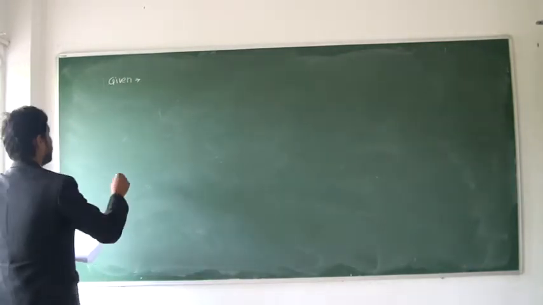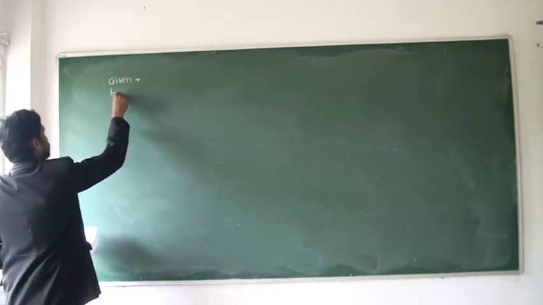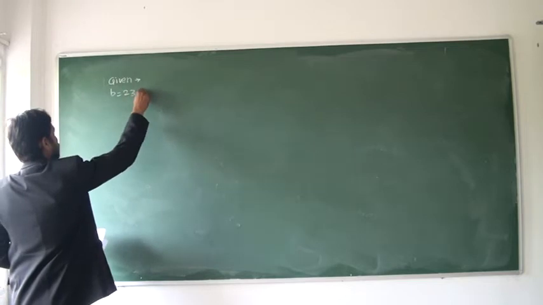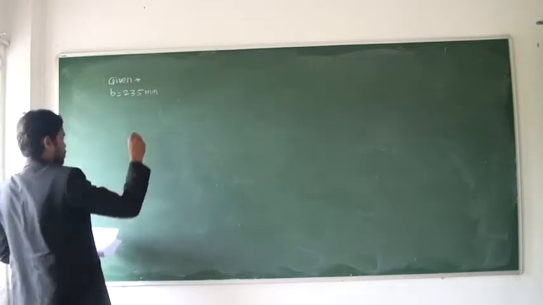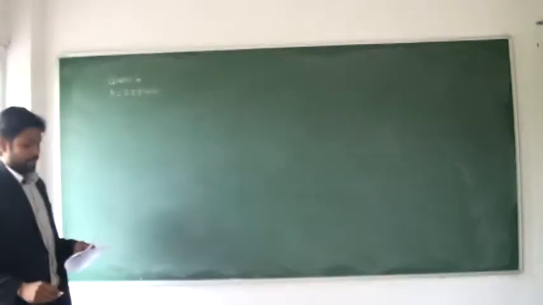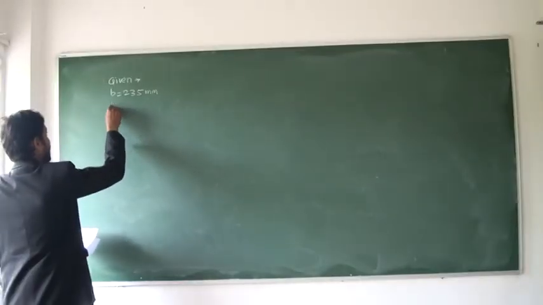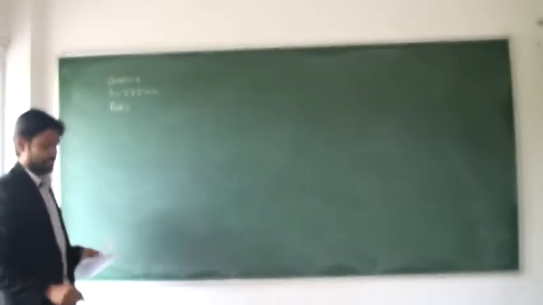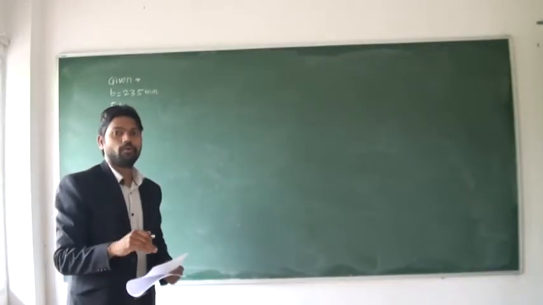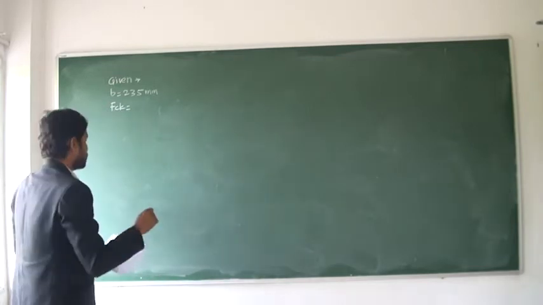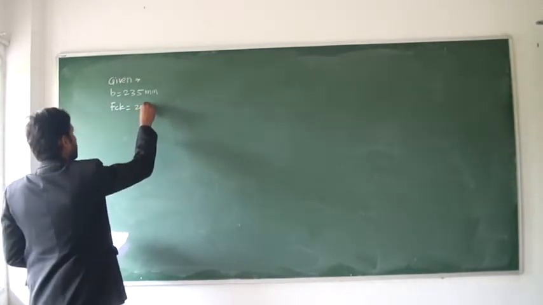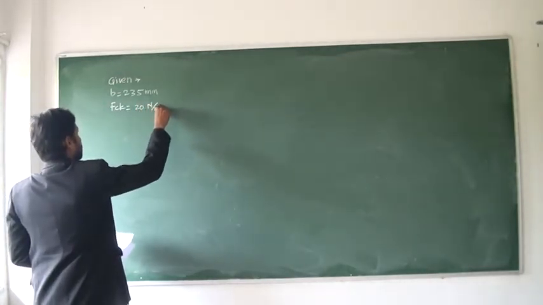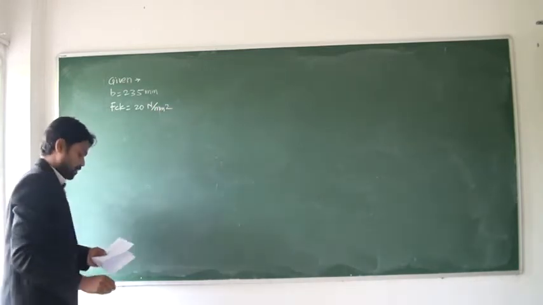See, the width of beam is given, that is 235 mm. Then the depth of beam we have to calculate. Then characteristic compressive strength of concrete is given because they have mentioned M20 concrete. So it means FCK is 20 Newton per mm square.